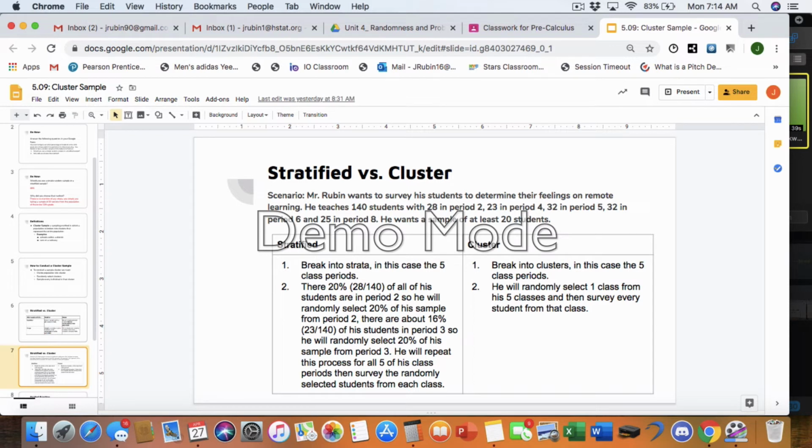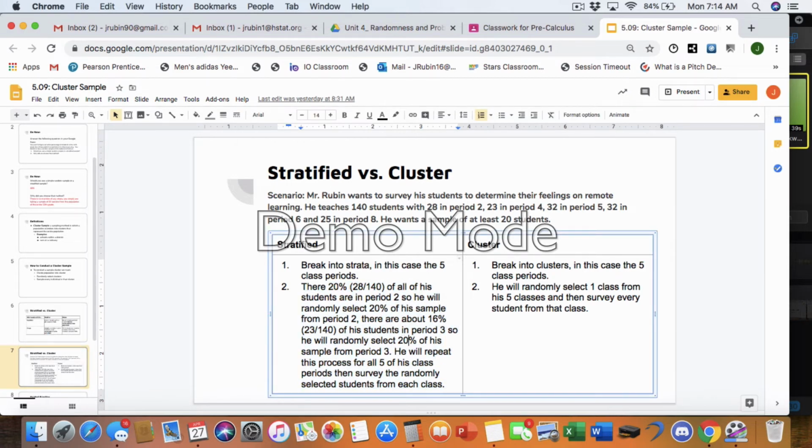In this case, we're going to break them into the 5 class periods. There's 20% of all his students in period 2, so his sample will be randomly selected 20% from period 2. There's about 16% of his students in period 3, so he will randomly select 16% from period 3. He will repeat this process for all 5 classes.